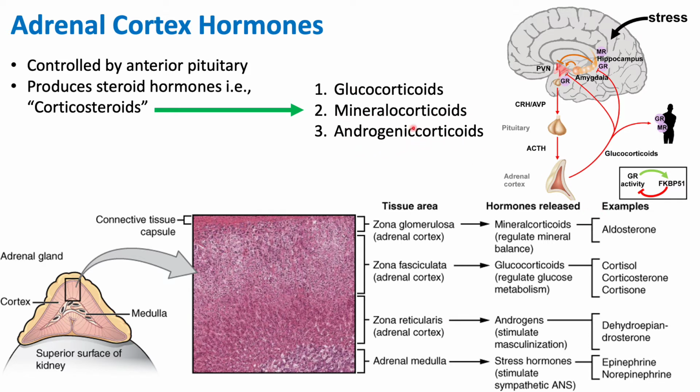Now, some examples are listed over here. For mineralocorticoids, we have aldosterone, and for glucocorticoids, we have cortisol, and then so forth. Now, the most important thing we should remember right now is that these steroid hormones are lipid soluble and they are released during long-term periods of stress, and the adrenal cortex is controlled by our anterior pituitary.